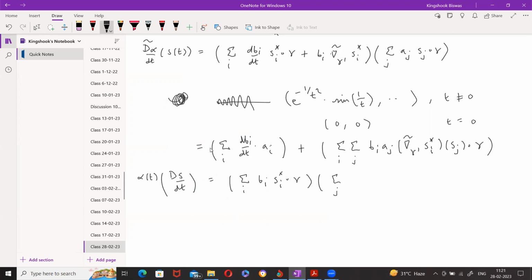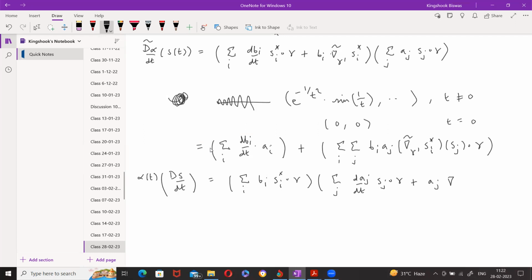And now I'll have Ds/dt, so that again will become daj/dt Sj composed with gamma plus aj. And now I can use the compatibility of the covariant derivative along curves with the connection.